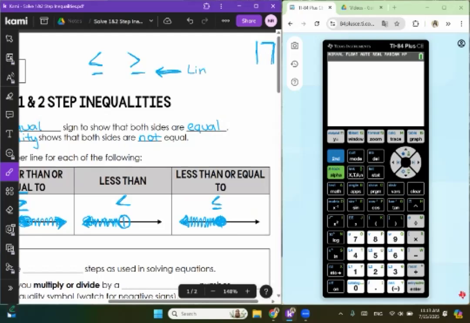Line fills in the bubble. Your line fills in the bubble. That's the juice you need to fill in that circle. This is a closed circle versus an open circle, not underlined. Okay.